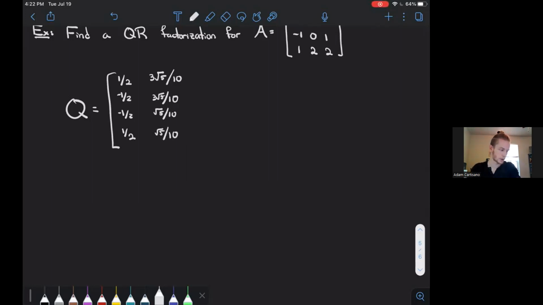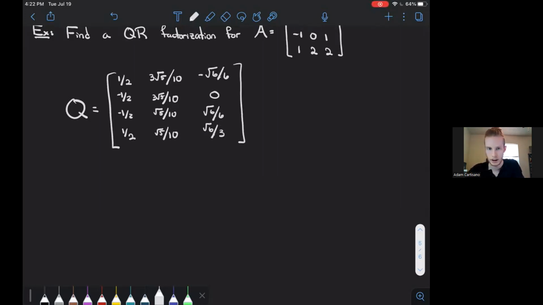And then the third column was negative root 6 over 6, 0, root 6 over 6, root 6 over 3.